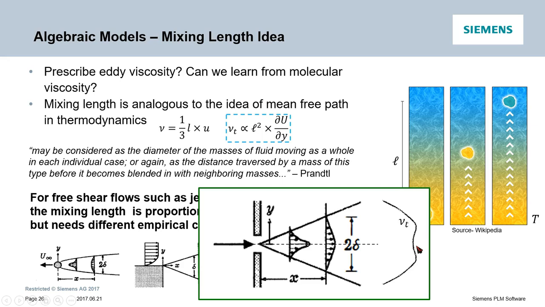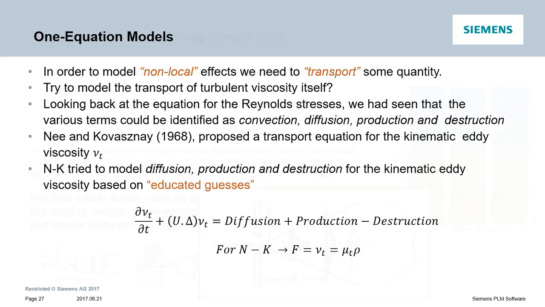But in reality, my eddy viscosity is closer to the peak value at the center line. So that means we are missing some critical transport mechanism in this simple model. So we need models which will account for this transport, and the simplest models that do that are one equation models.